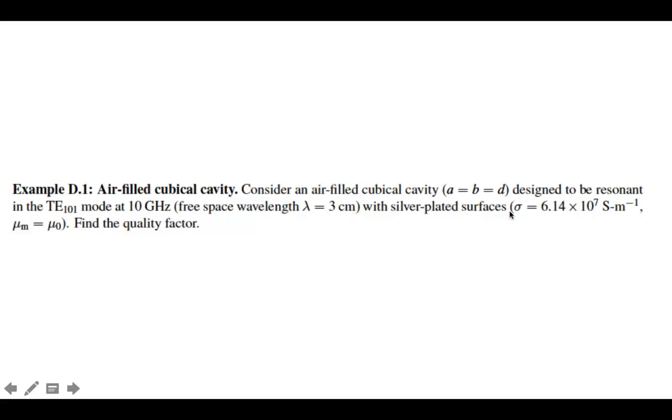And they have a silver plated surface, so you're given the surface conductivity, and you're told that this is a non-magnetic material, so mu is equal to mu naught. And you're asked to find the quality factor. So this is a resonant cube, and you're given the mode and the frequency.